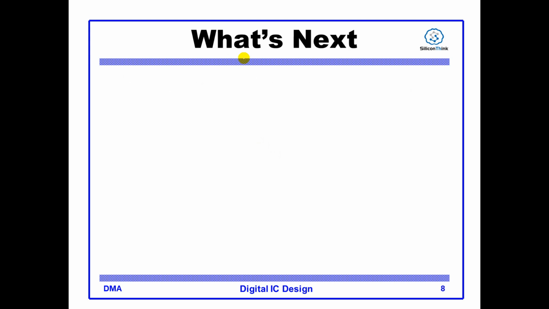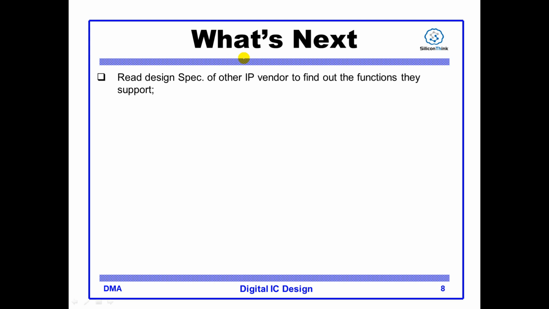So what's next? By now, you have some basic concept of the DMA controller. What are the next steps to design our DMA block? First, you may read some design specs from other IP vendors, such as ARM, Synopsys, to find out the functions they support.